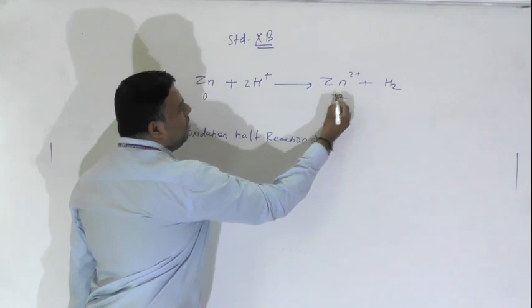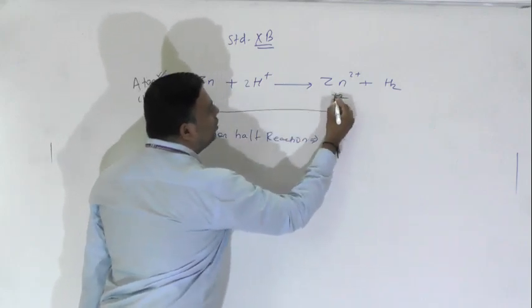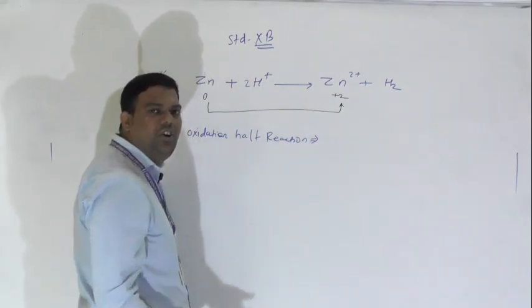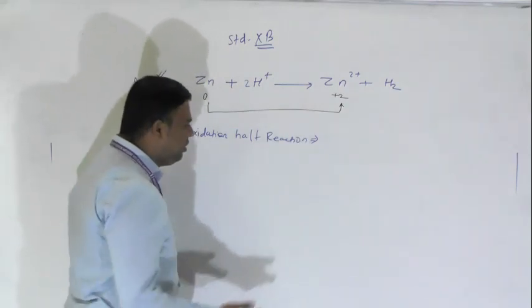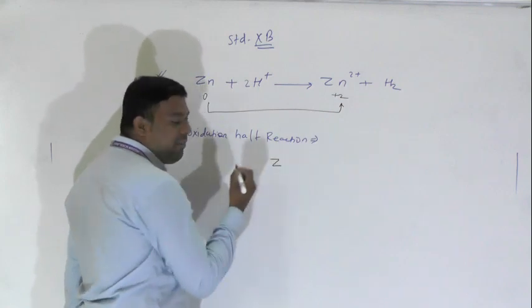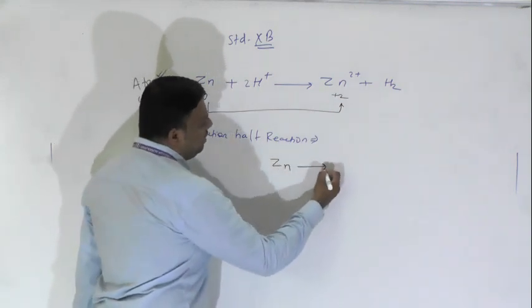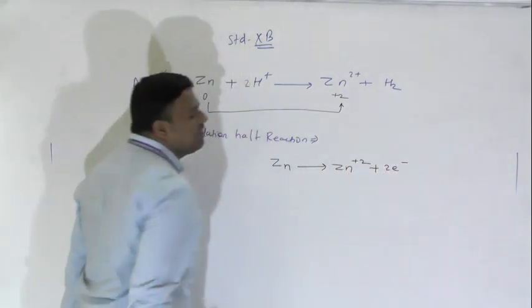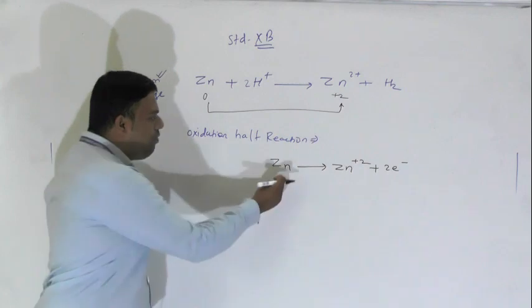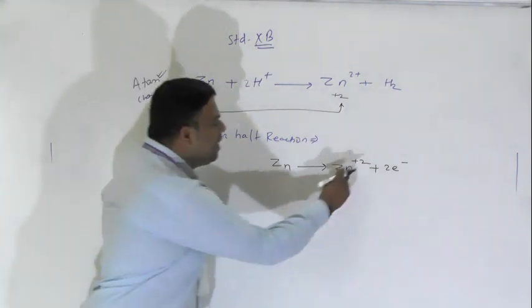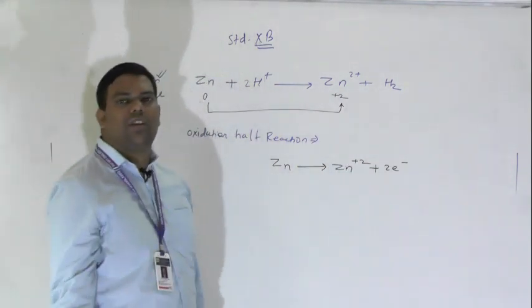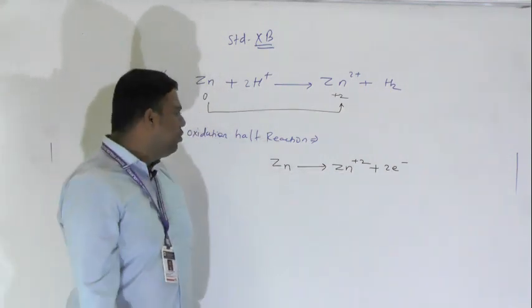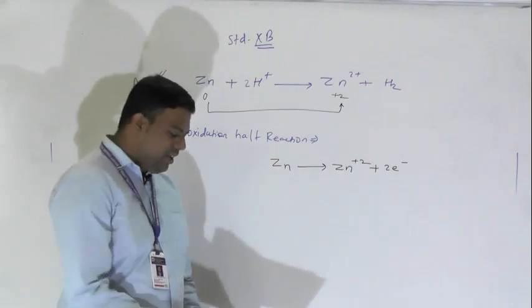So from 0 to plus 2, there is an increase in oxidation number, which is oxidation. The oxidation half reaction is like this: Zn gives Zn2 plus plus 2 electrons minus. Understood? One Zn here, one Zn there, plus 2 minus gives 0 charge, so here also 0, here also 0. So this is our oxidation half reaction.